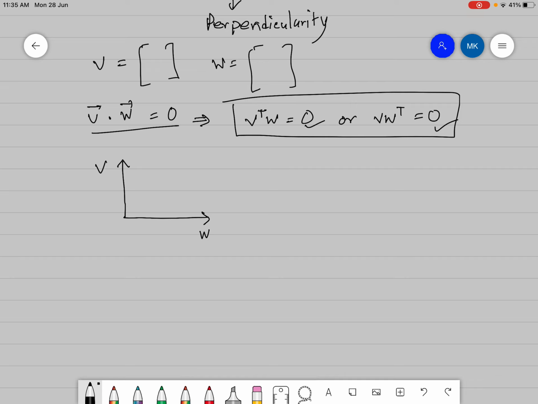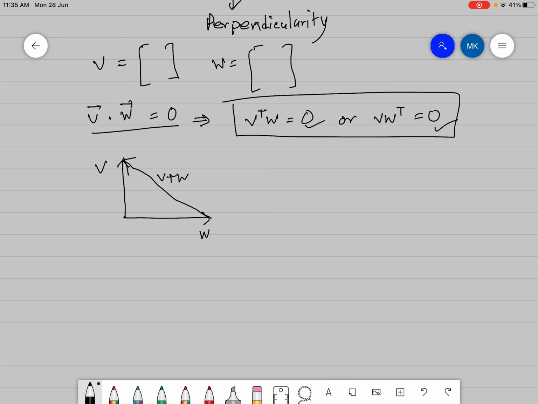If you think about this vector, the hypotenuse in this case, assume it to be a straight line. This is v plus w, according to the rule of vector addition.